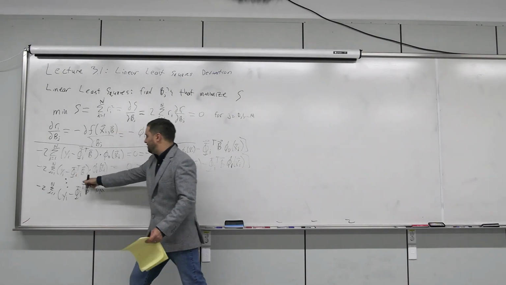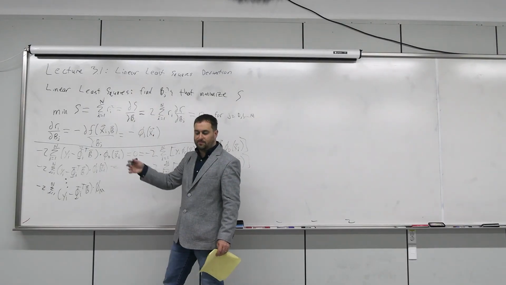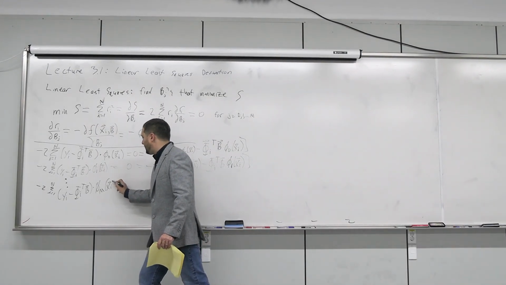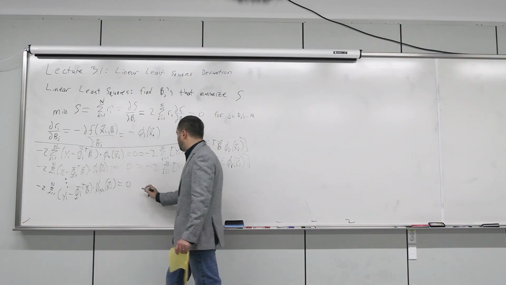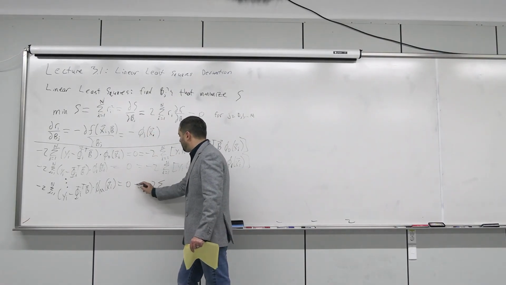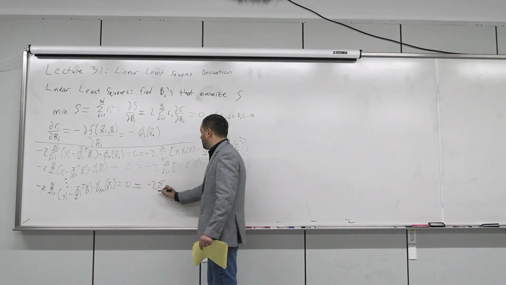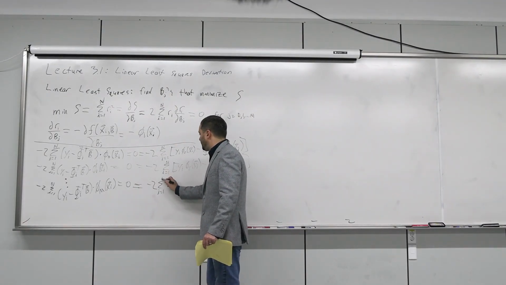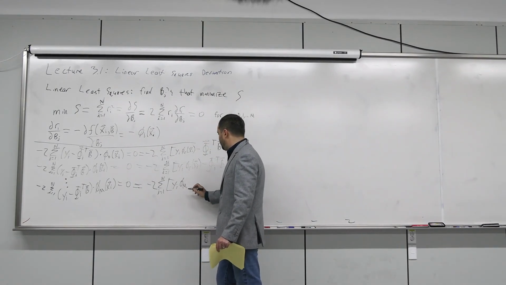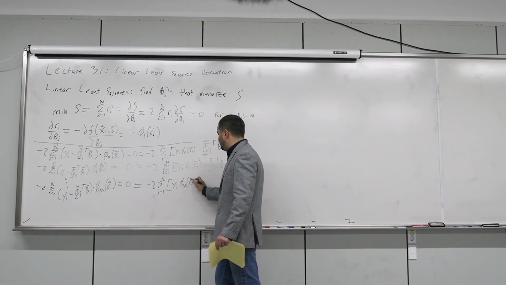And so there's going to be the other phi 2, phi 3, phi 4, etc., all the way to phi m, evaluated at x_i. This equals 0, which equals the -2 summation i equals 1 to n of y_i phi m of x_i.